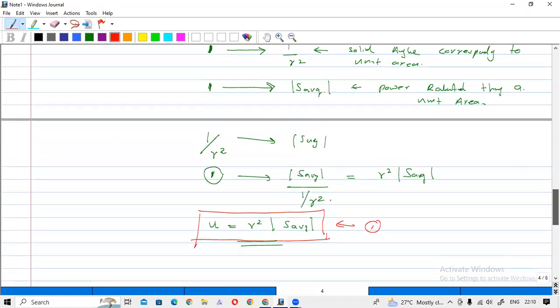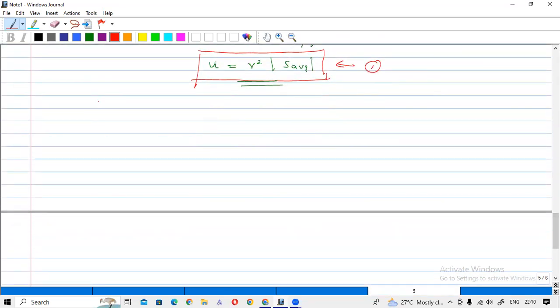Now if you consider an infinitesimal, infinitely small dipole, we know that S_AVG, which we have found, is equal to eta k square, magnitude of I square, L square, sine square theta, divided by 32 pi square r square.